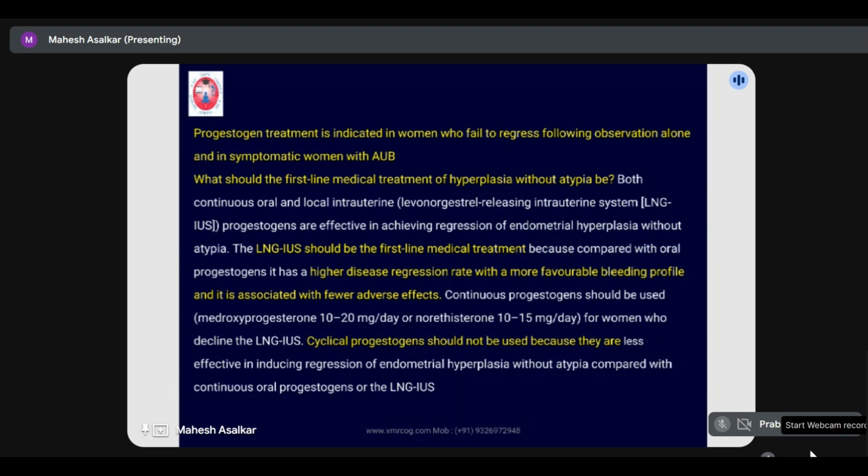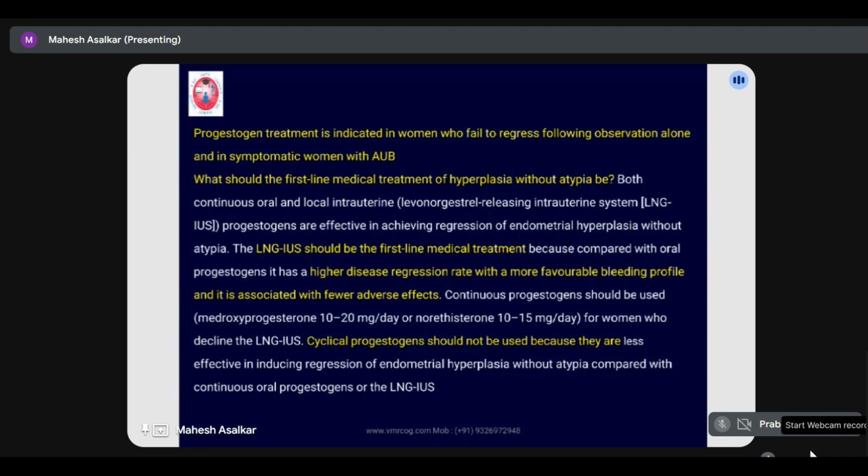Continuous progesterone should be used, that is 10 to 20 milligrams of medroxyprogesterone or norethisterone 10 to 15 milligrams per day, for women who decline LNG-IUS. So you can go with continuous oral progesterone treatment also, but the first line of treatment will be LNG-IUS.